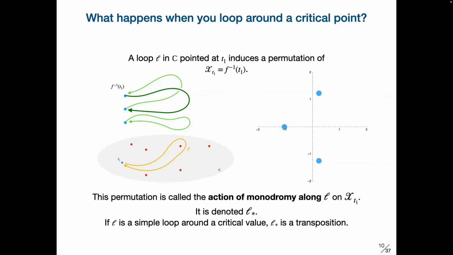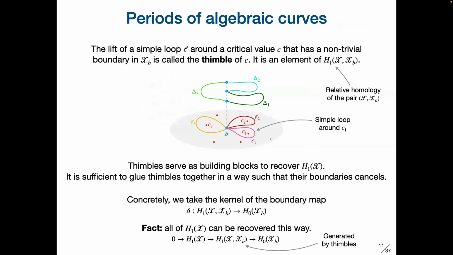Actually, they're so nice that you give them a name, call them thimbles. Each critical value has a single thimble, as we've seen. And the idea is you can take thimbles from different critical values and glue them back together to close off the boundary. So for example, here we have 3 critical values around which we have 3 different simple loops. Each simple loop has its own thimble, described here.